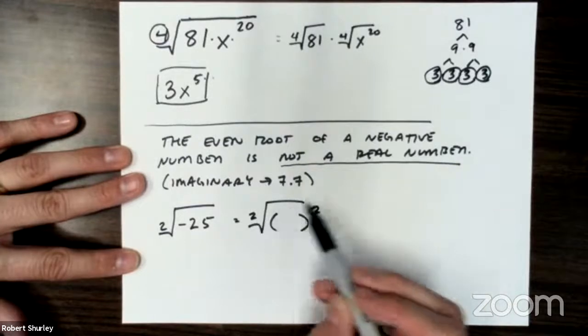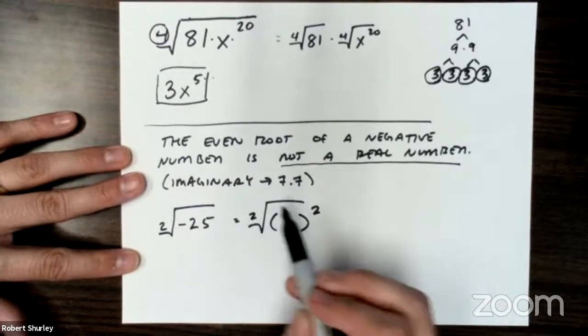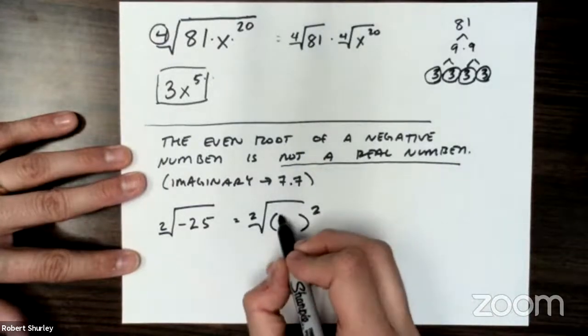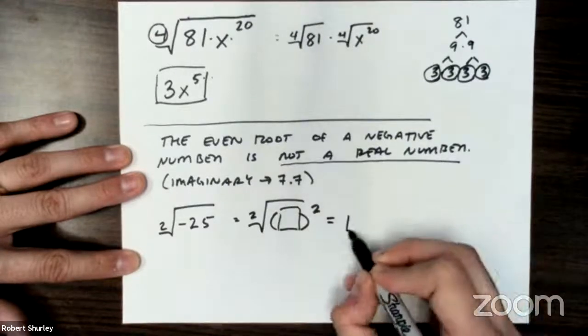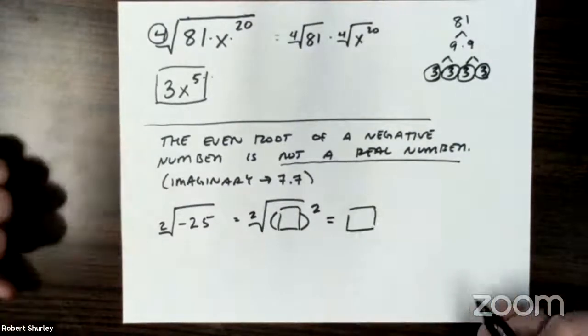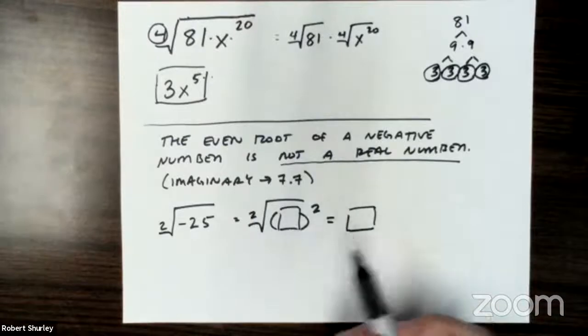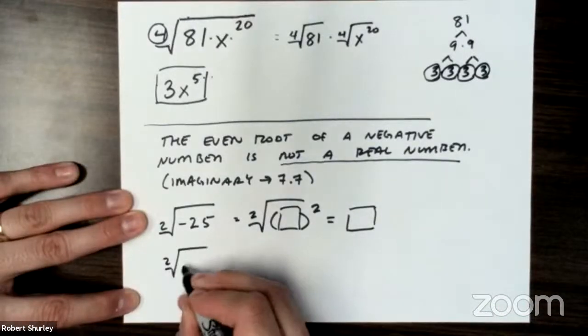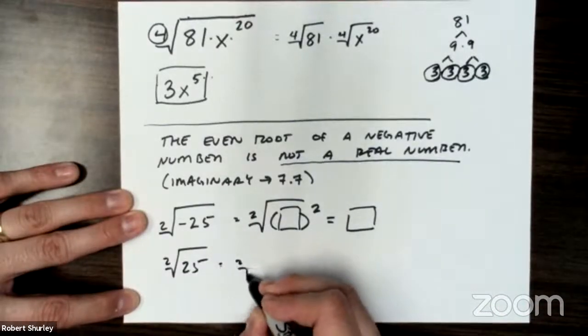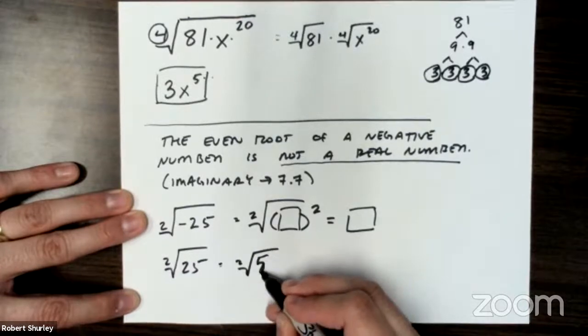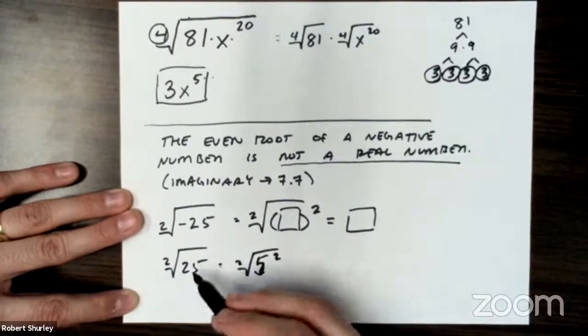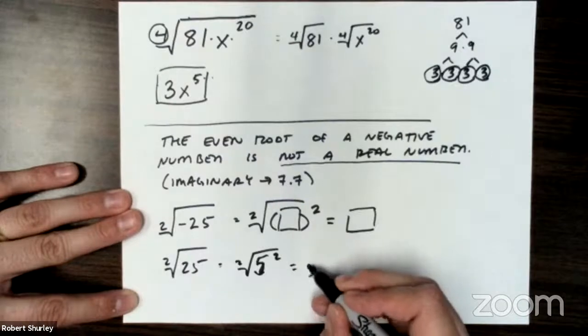If we can get something completely squared underneath, this cancels, and whatever is inside is your square root. A basic example: if it was just 25, that would be 5 squared and it would leave you with 5.